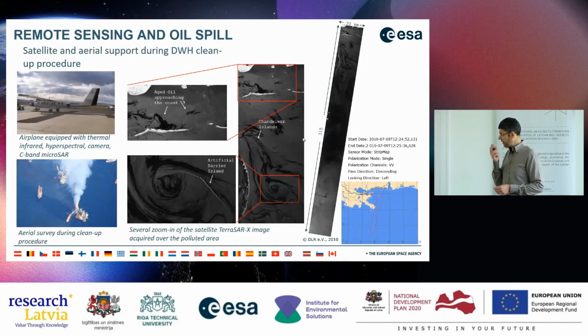And as a matter of fact, the Deepwater Horizon oil spill was going on for days. Here, just to show you another SAR image that was acquired later on, 3 months after the first event.